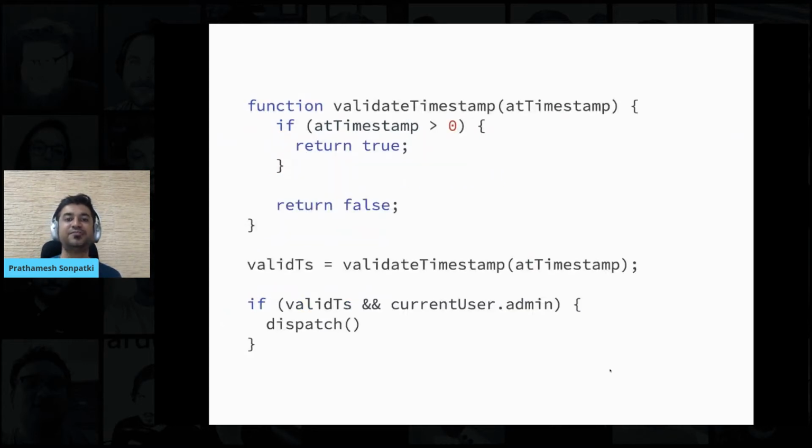So instead of this, if you just split it into two parts by writing pure functions, right? We try to have a pure function which basically takes an input and produces an output. That's it. It doesn't have any side effect. And that way it becomes much easier to understand the code base, as well as very easy to reuse the code base, because we can reuse the same pure function at other places as well.